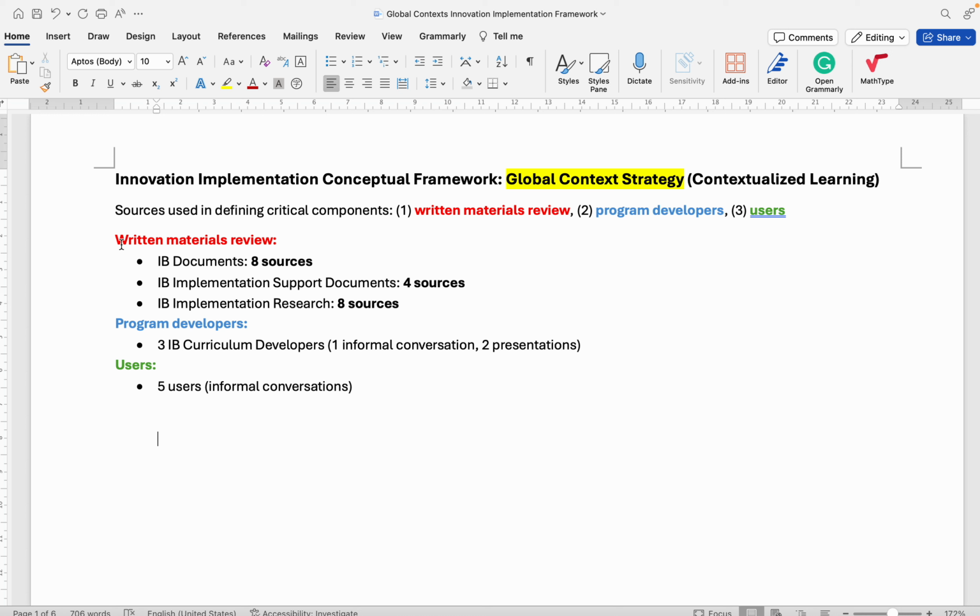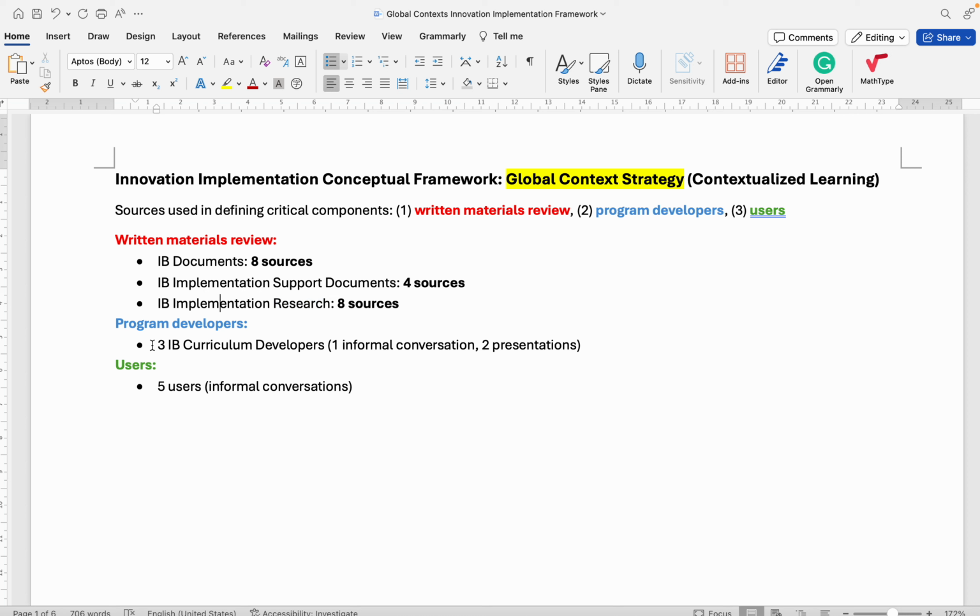In this process, I've looked at the following: 8 IB documents that are core in describing the strategy. Some of them are general, some of them are program specific. I looked at four specific IB implementation support documents, and 8 different papers on implementation research related to IB.